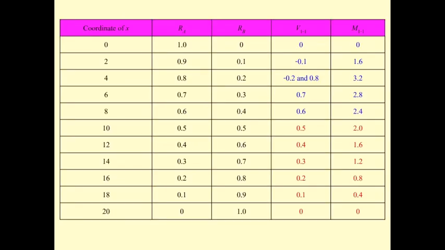Okay, if you do the same thing like this and you plot the result with respect to the coordinate x from 0 past 10 to 20, you will have the influence line for R sub A, the influence line for R sub B, the influence line for shear at section 1-1, and the influence line for the moment at that section.